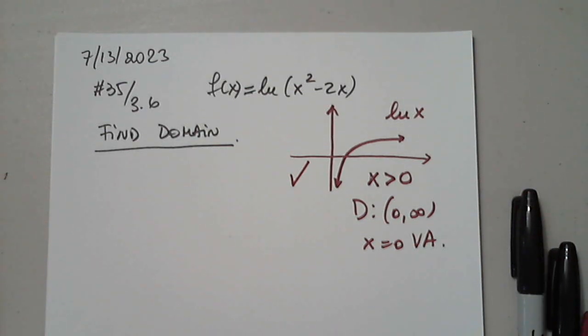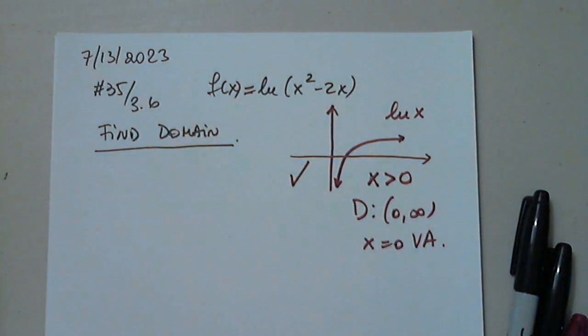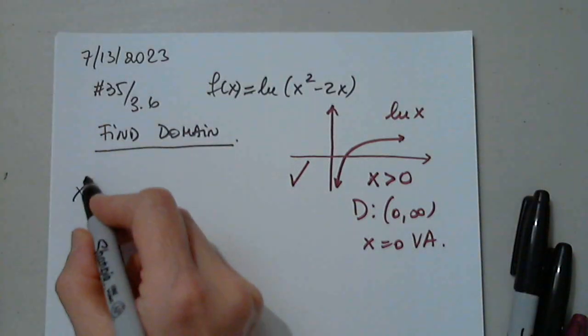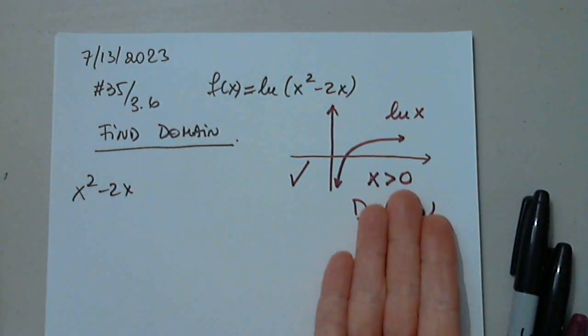Very good. But then what do I have to write for this? Anyone? X squared minus 2x not equal to 0. But this is not what we discussed, right?